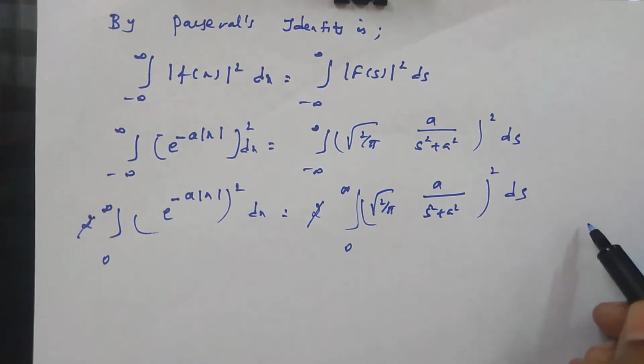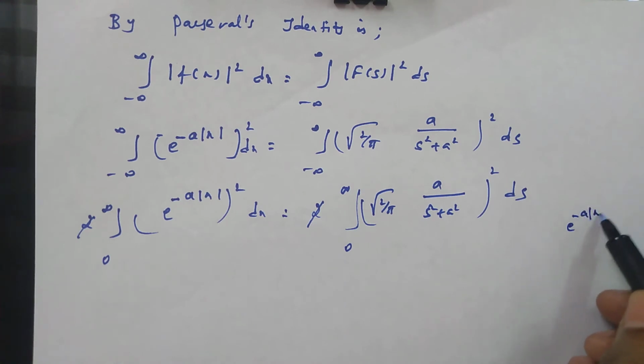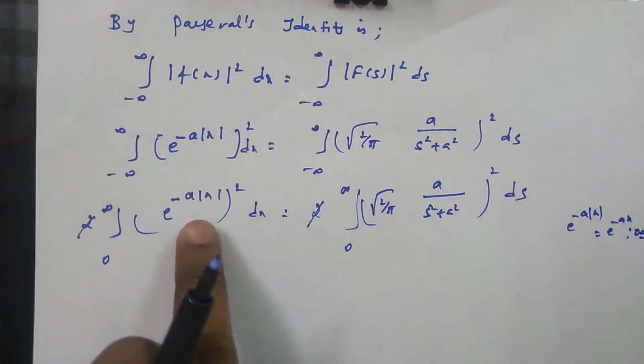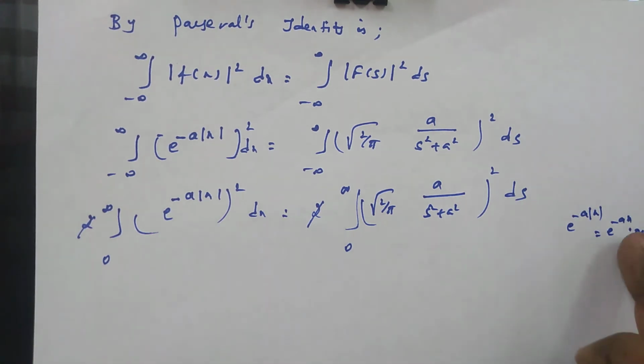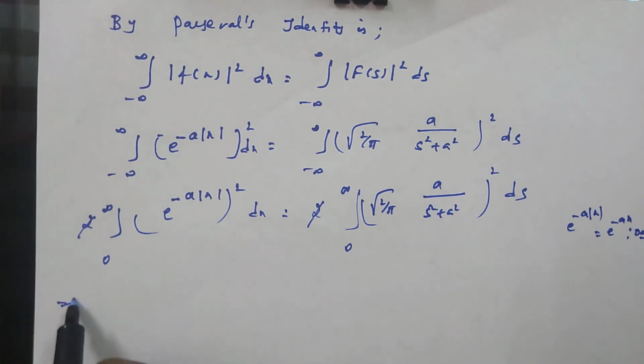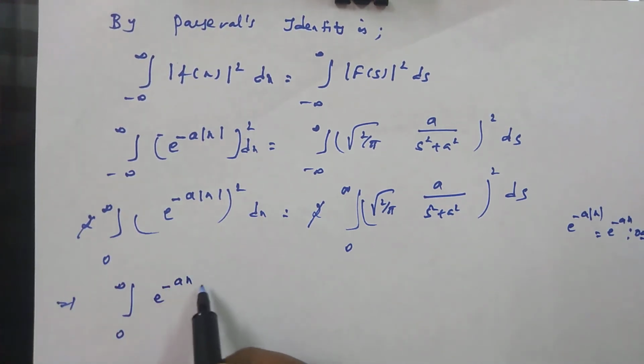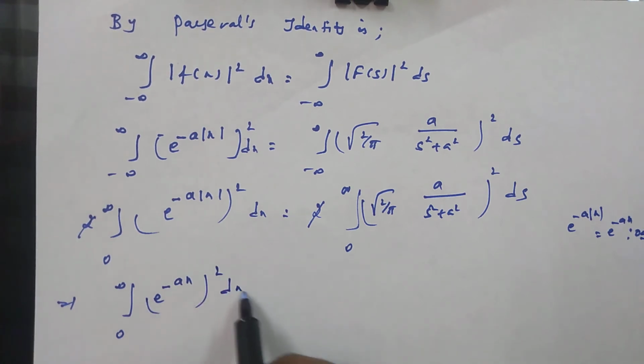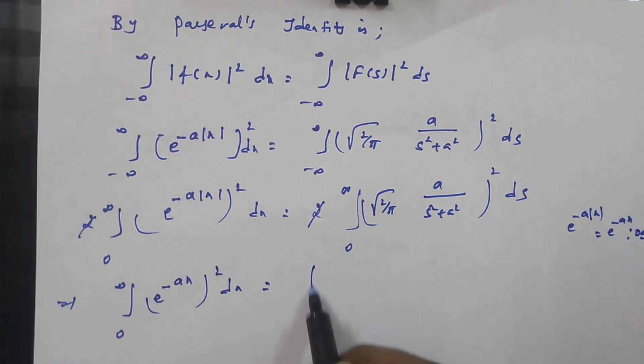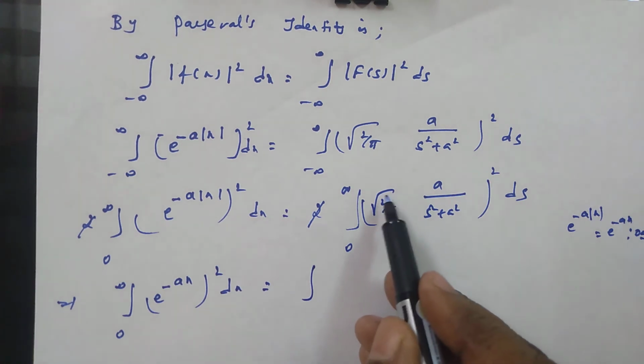In the interval 0 to infinity, e power minus a mod x equals e power minus ax, for 0 less than x less than infinity. So in this place, instead of modulus x, we can write it as x only. So which implies integral 0 to infinity e power minus ax the whole square dx equal to, this will become a whole square, no? So the root will be cancelled.